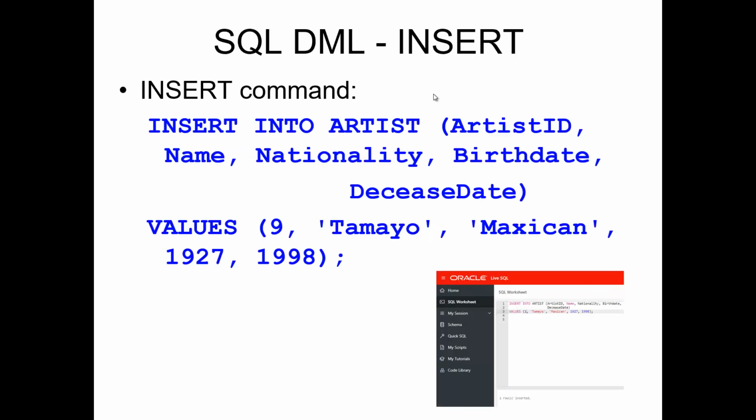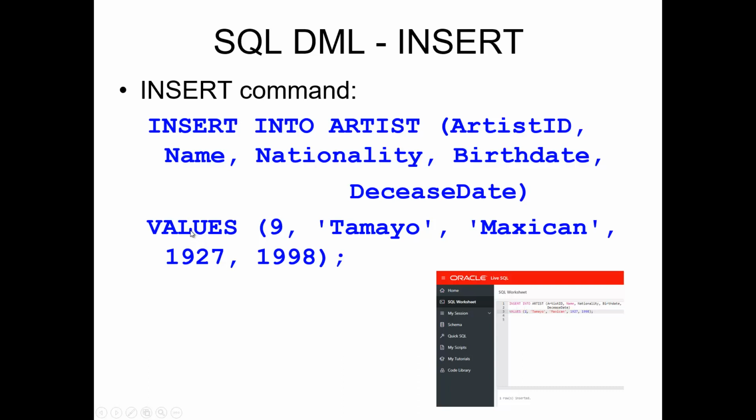Once we are done creating the tables, we can start inserting the values into the created columns. The figure shows that values have been inserted into the table, and it says that one row inserted. So you can just insert into artist, and what are the columns? We have the artist ID, the name, nationality, birth date, and deceased date.